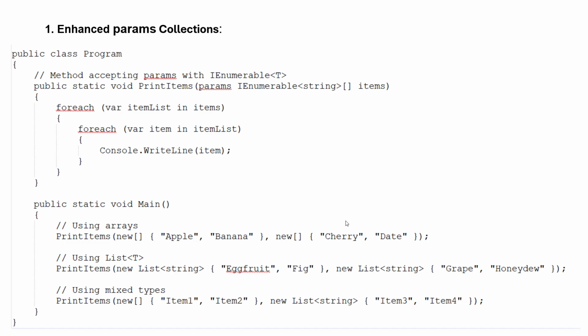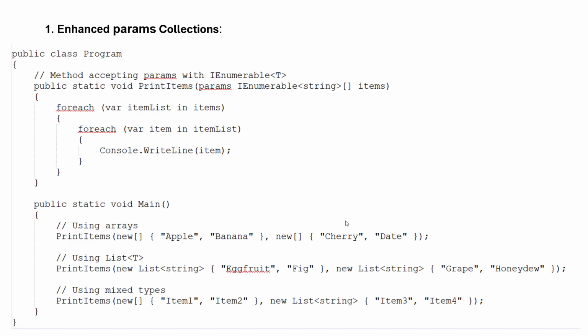This allows you to use various collection types such as list, span, and enumerable with the params keyword.